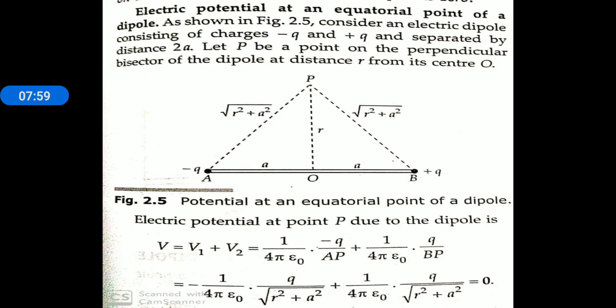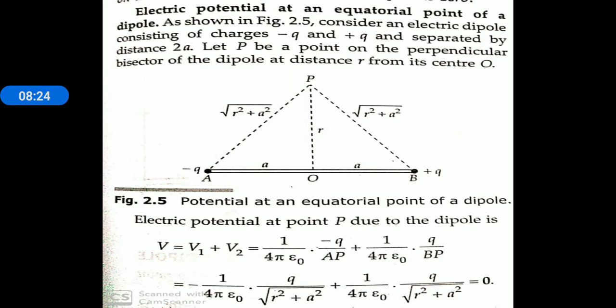So if we draw a perpendicular from point O joining the point P, then OP is the equatorial line. Any point on this equatorial line is known as an equatorial point. So electric potential at an equatorial point P of an electric dipole, this we have to calculate.